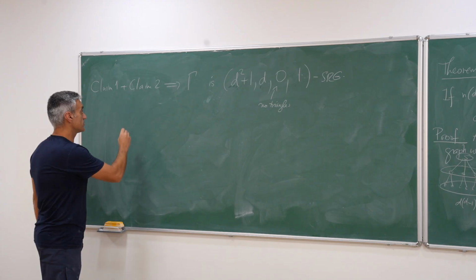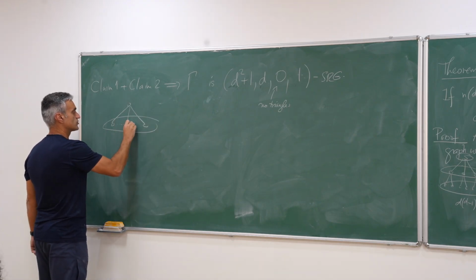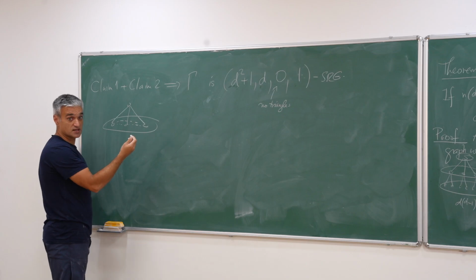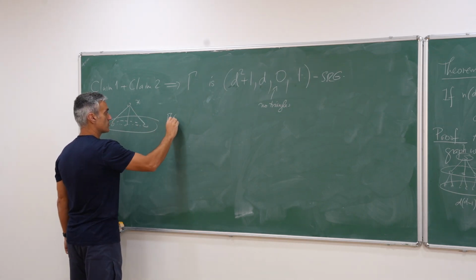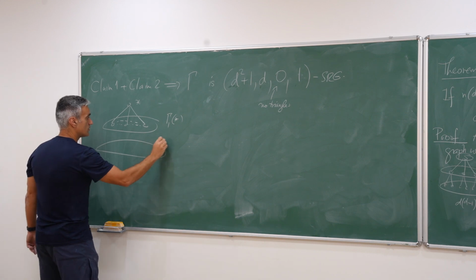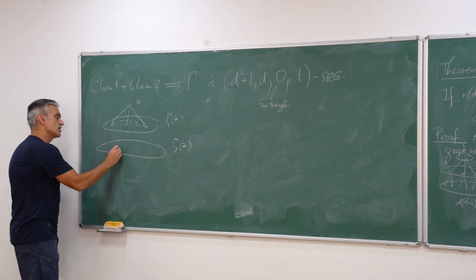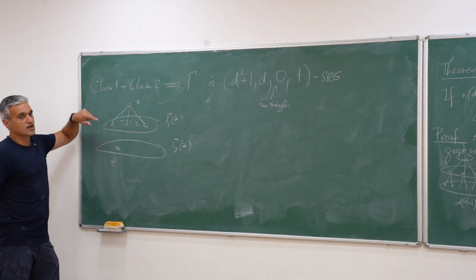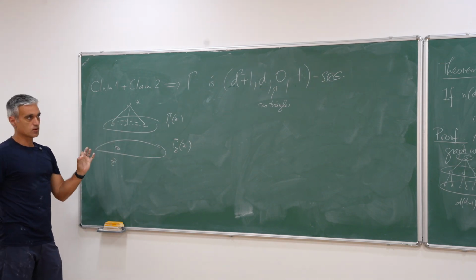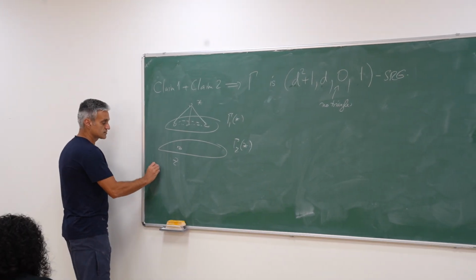So the graph will be, here you don't have any triangles, as that's claim 1. Gamma, this is vertex X, gamma 1 of X. And now gamma 2 of X claims that if you give me any vertex here, let's say Z, then Z and X have exactly one common neighbor. Now, the graph gamma has diameter 2.